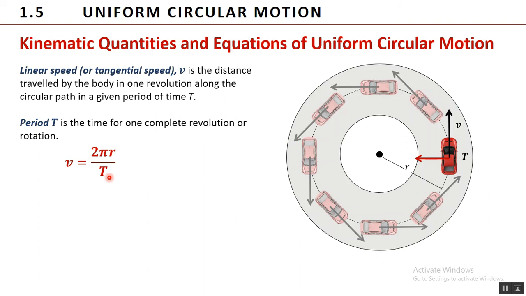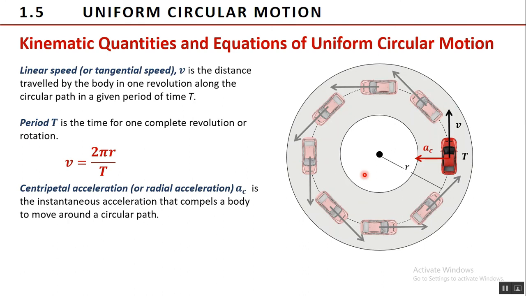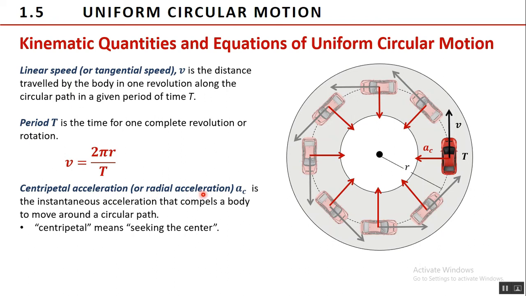Although the magnitude of the linear velocity is not changing, its direction is continuously changing as the object turns around the circular path. This change in direction of the linear velocity corresponds to an acceleration called centripetal acceleration, or sometimes it is called radial acceleration. Centripetal acceleration, denoted by a sub c, is the instantaneous acceleration that compels a body to move around a circular path.